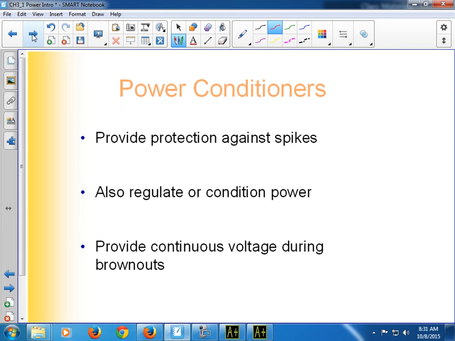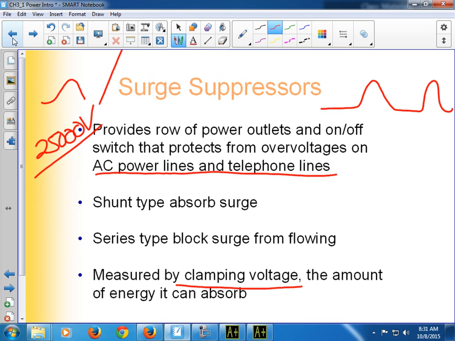Okay, power conditioners are not something you normally buy. Power conditioners are something in businesses and buildings that are installed in the building. You could have a power conditioner installed in a nice new home if you had a new home built. Unlikely, okay? Now, surge suppressors only protect against spikes. That's all they protect against, surges and spikes.